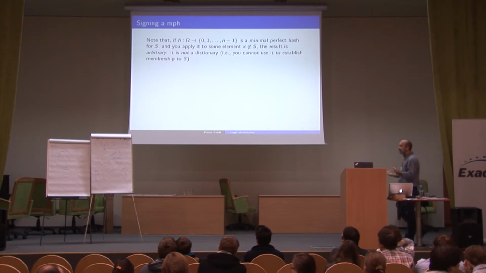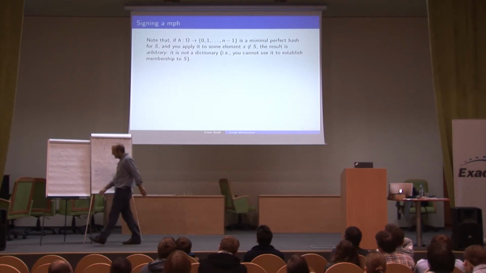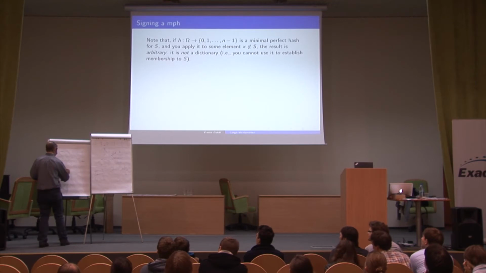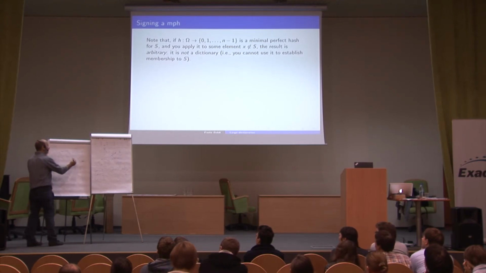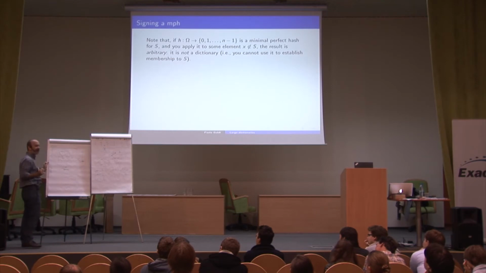Now, another problem that you may find interesting, another ingredient that you may use afterwards, is the problem of signature. This is interesting because many people don't actually understand this problem. So suppose that I have already built a minimal perfect hash function. So a function that on the set S of URLs that I have crawled is bijective.